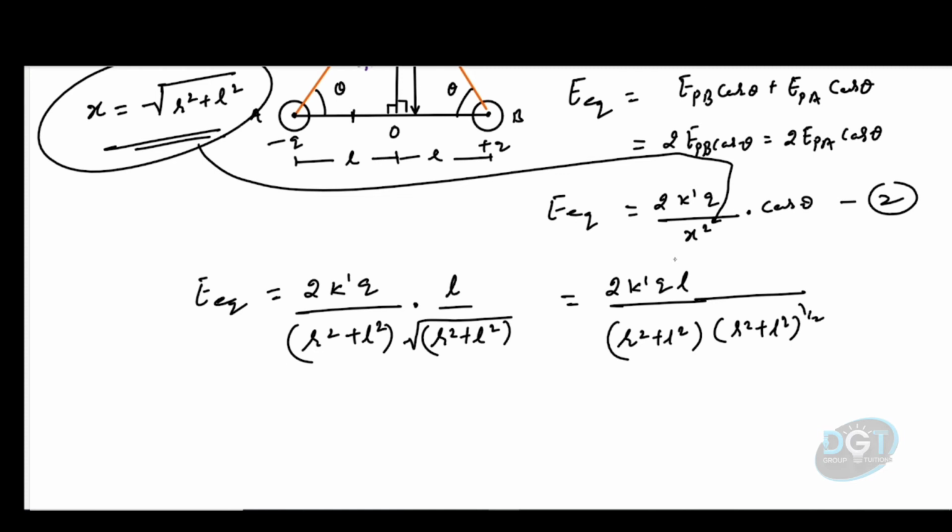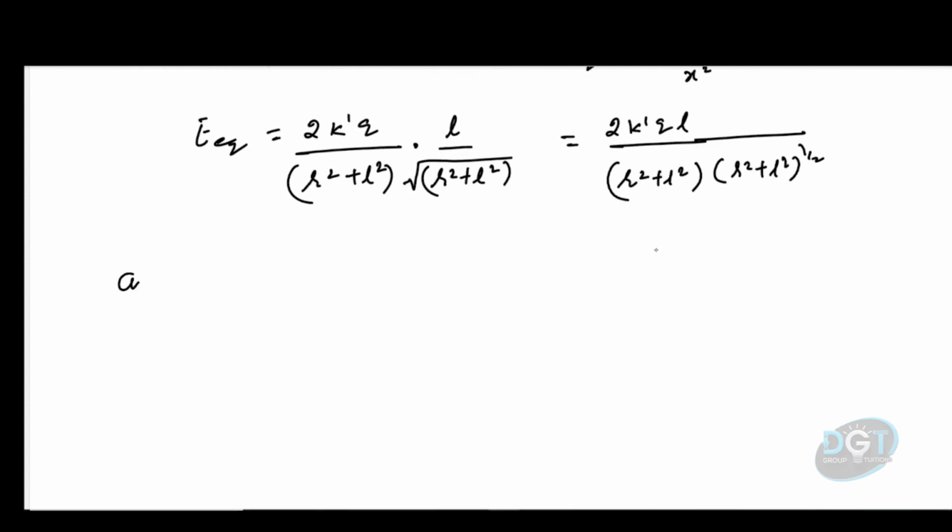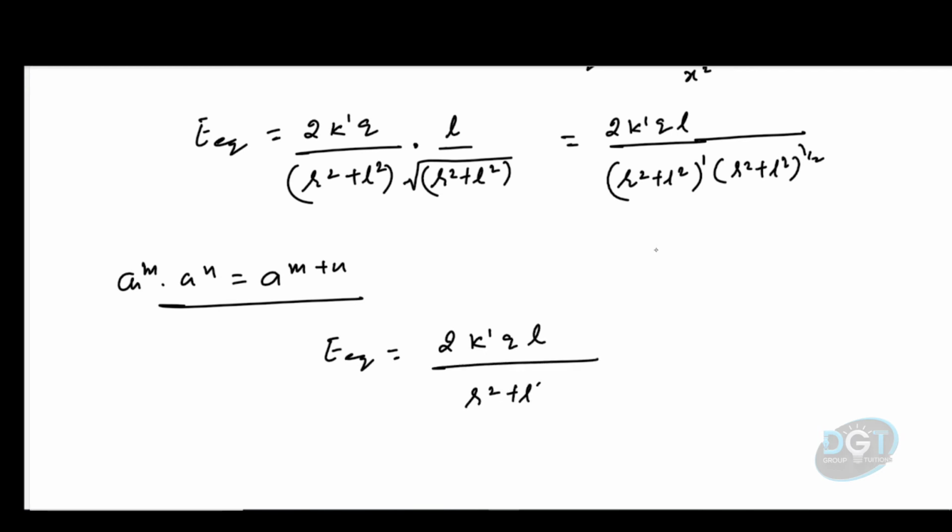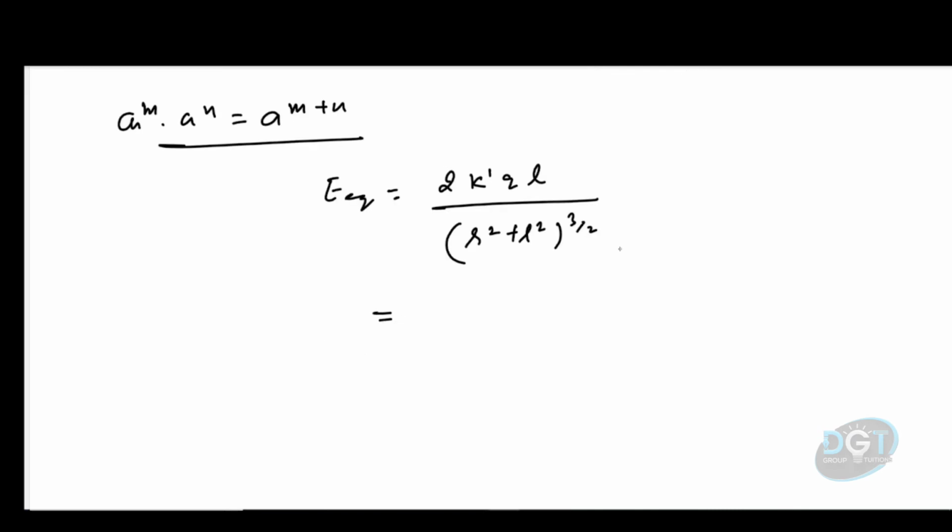Now using this property, a raised to m into a raised to n can be written as a raised to m plus n. The same way here its power is 1 and this is half, so 1 plus 1/2 is 3 by 2. So E equatorial would be 2K dash Q L upon r square plus L square raised to 3 by 2. Here we can further simplify this as K dash Q into 2L upon r square plus L square raised to 3 by 2.